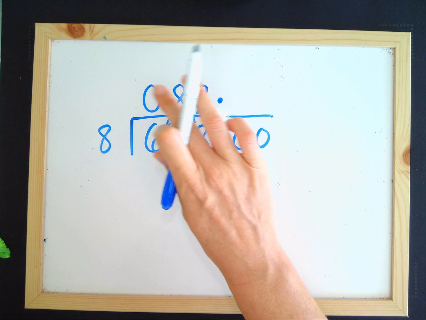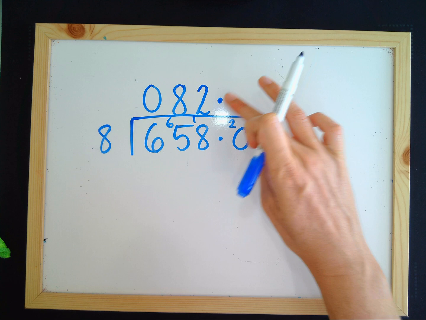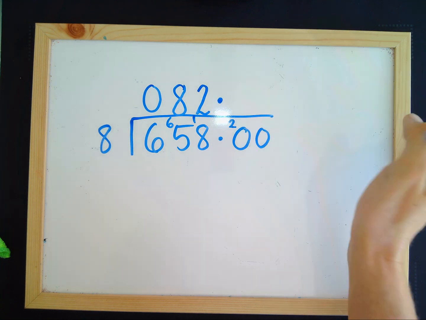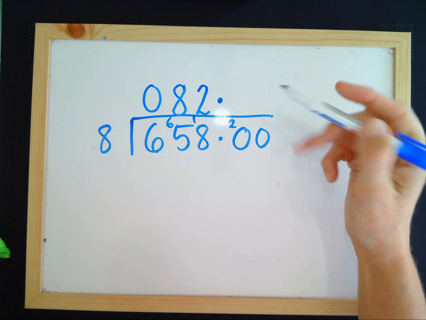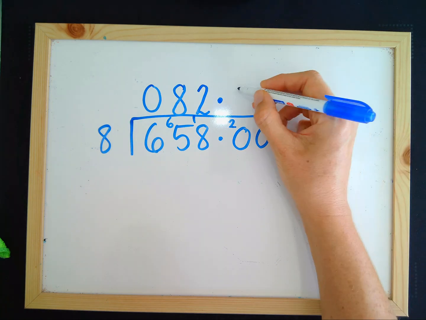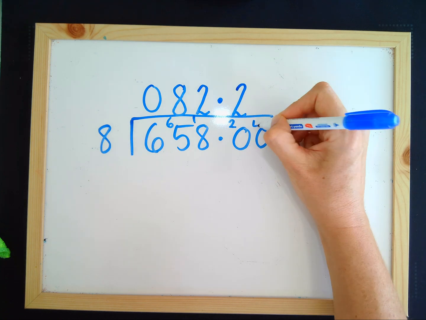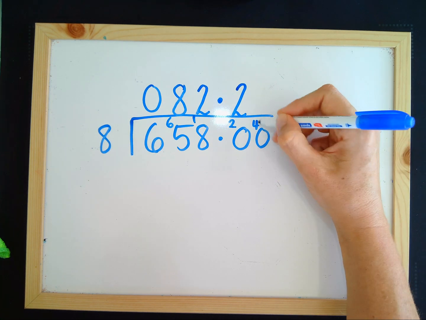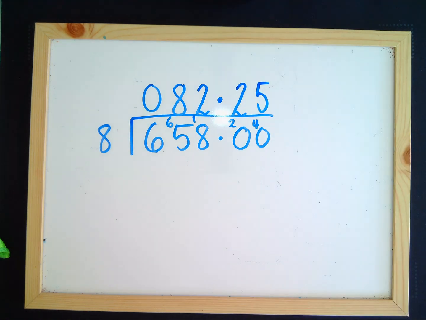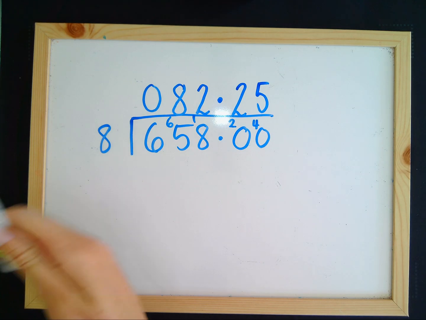And if you write on squared paper and you follow this rule that the decimal point is always in line, then you will have no problems, okay? Now, 20 divided by 8, again, goes 2 times, this time with 4 left over. 40 divided by 8 is 5. So in this case, each person would get €82.25.